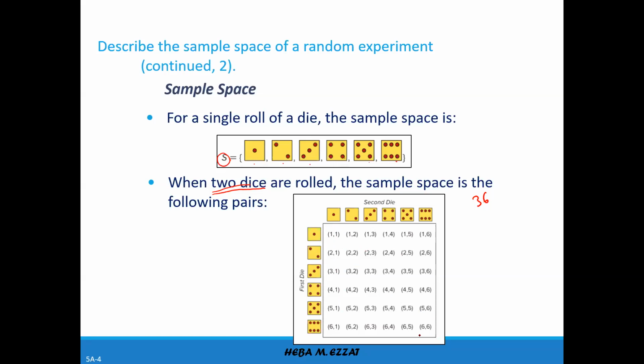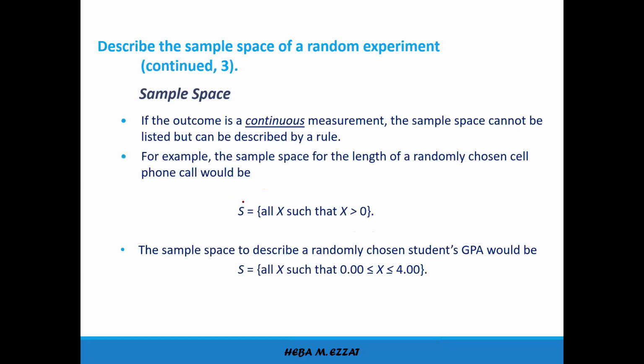We have 36 possible outcomes of this random experiment. The random experiment in this case is rolling 2 dice.